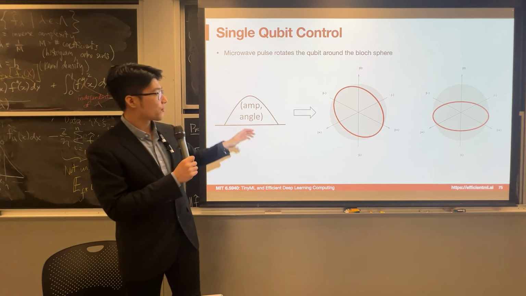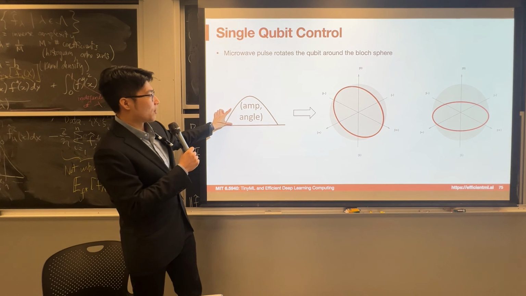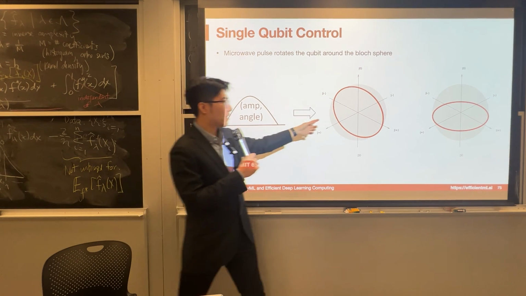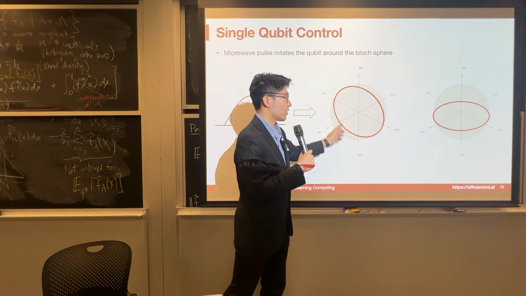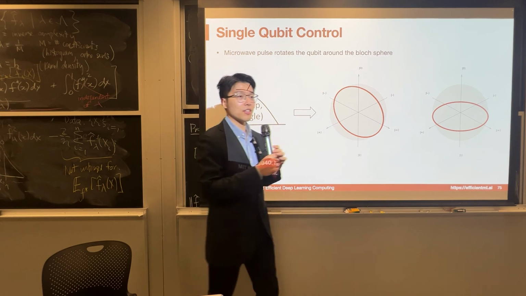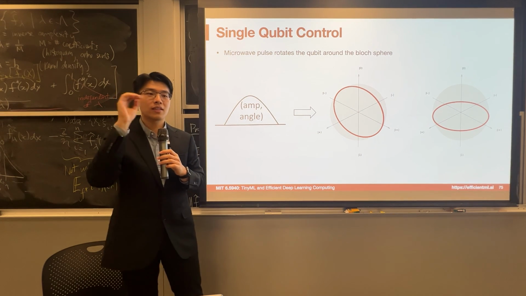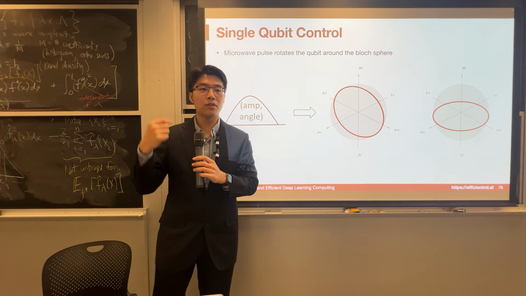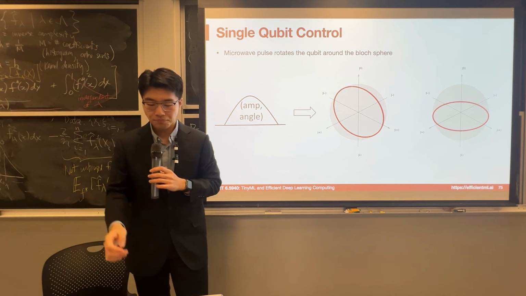So, for example, if we have a very large amplitude, we are rotating more degrees on the sphere, right? If we have a small one, then we are rotating a small angle. So it's just like you are sending the signal, and the qubit will rotate on this sphere until the target location.